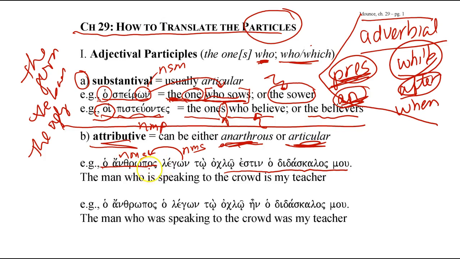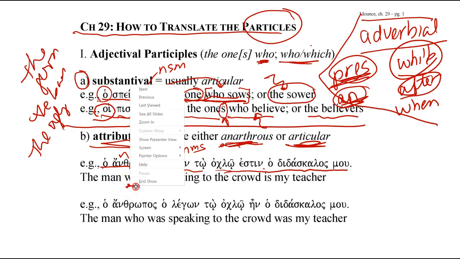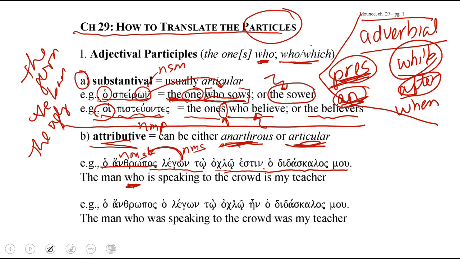And you might be tempted to translate this as the man saying to the crowd is my teacher. But try not to translate it that way. One, it sounds awkward in English. And two, you want to translate all participles into clauses. So since legon is modifying anthropos, not the verb, we're going to translate it as who. So the man, legon, who is speaking. That's how I'm translating legon.